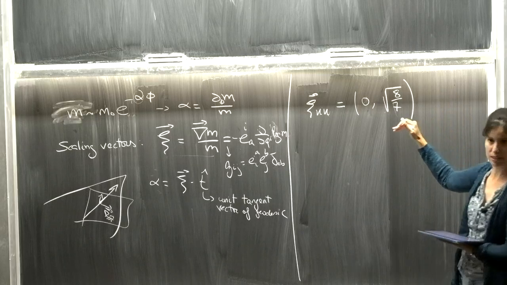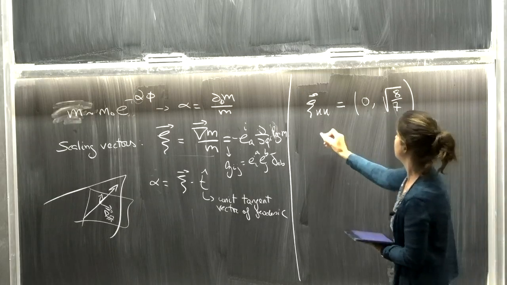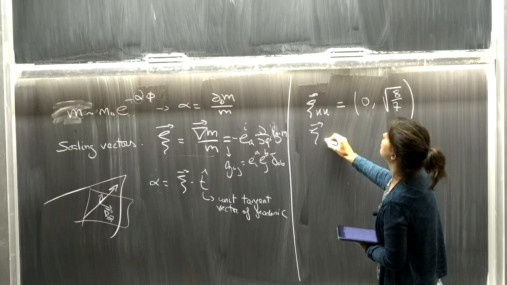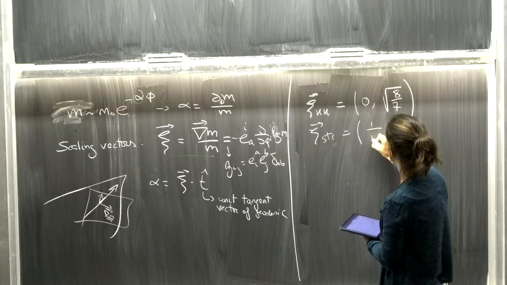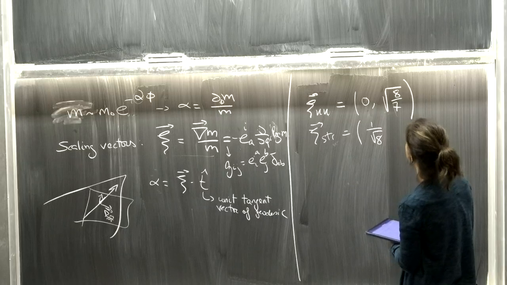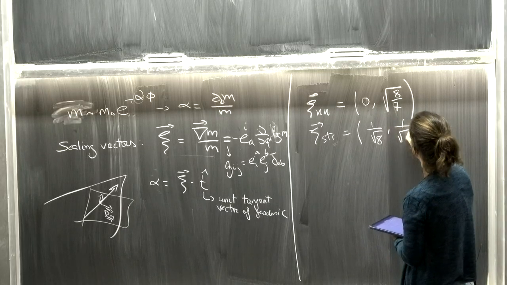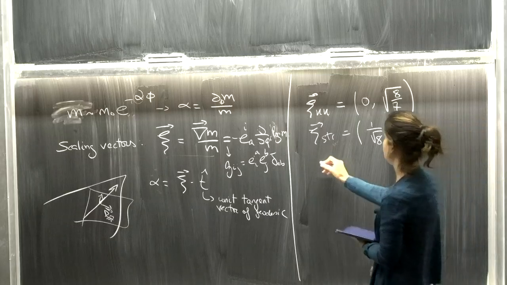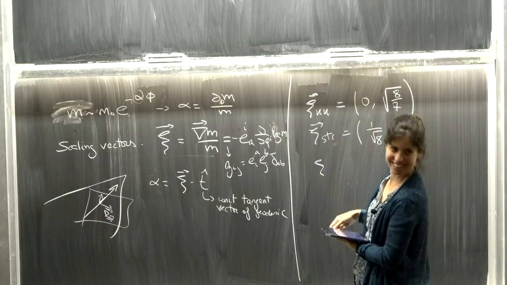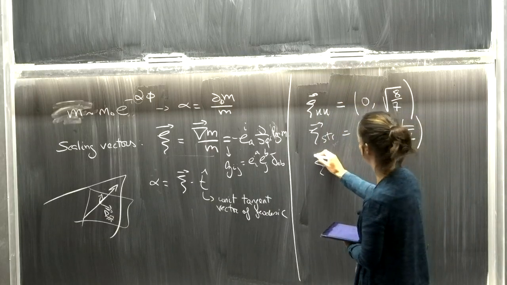It's clear what I'm doing, right? Now, for the string, it's 1 over square root of 8, 1 over square root of 56. So now you can see why I was writing all the exponentials carefully.